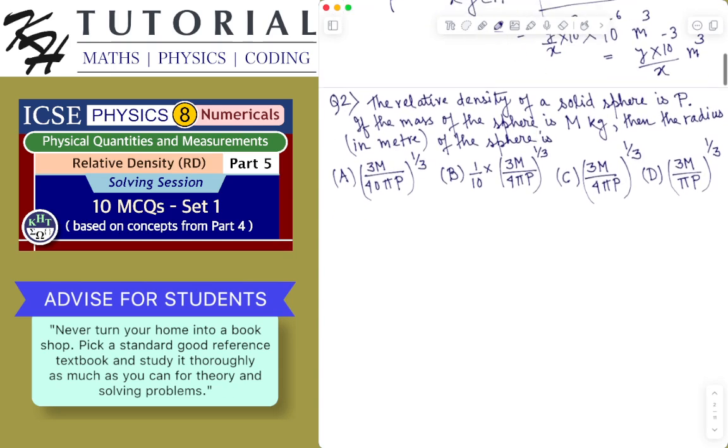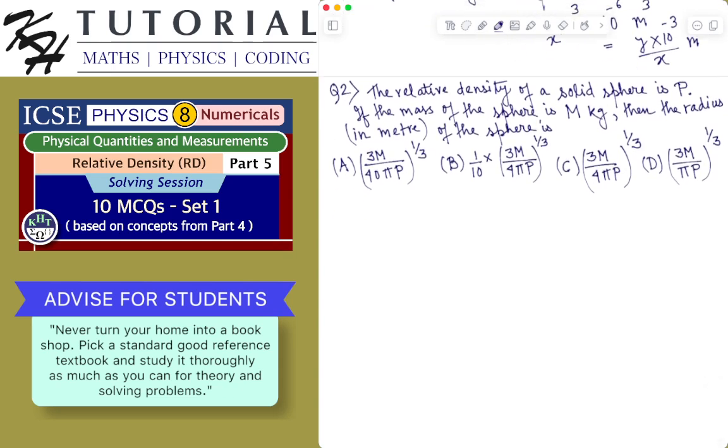Question number 2 says the relative density of a solid sphere is P. If the mass of the sphere is M kilogram, then the radius in meter of the sphere is. We have to find the radius of the sphere. So to find the radius of the sphere, definitely we have to find the volume of the sphere.